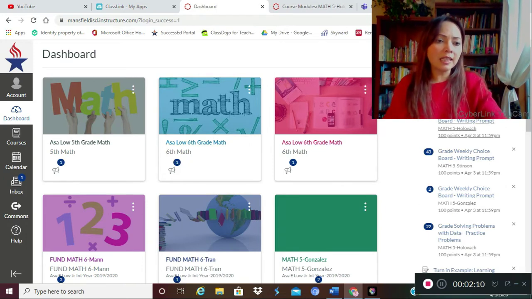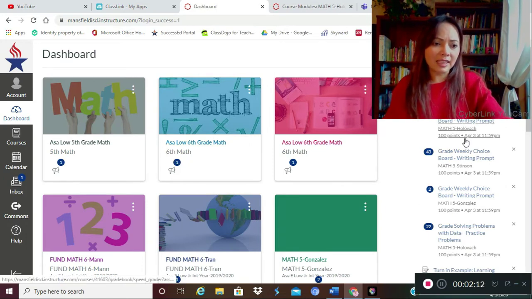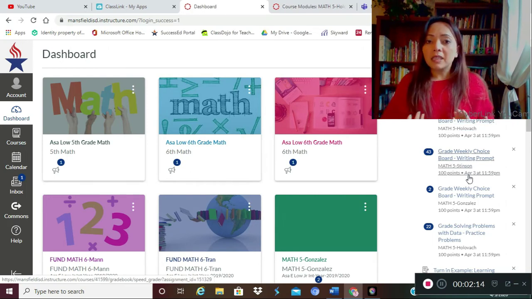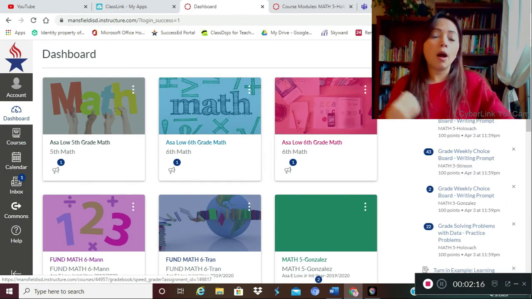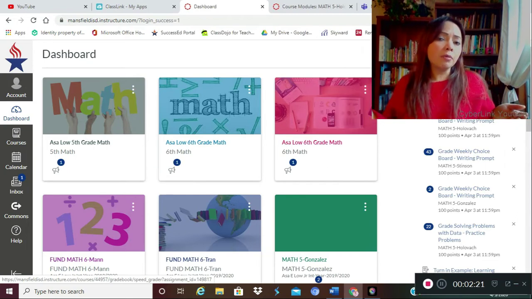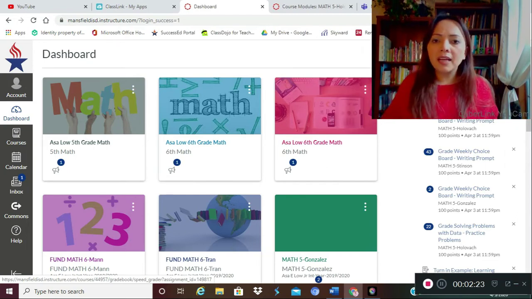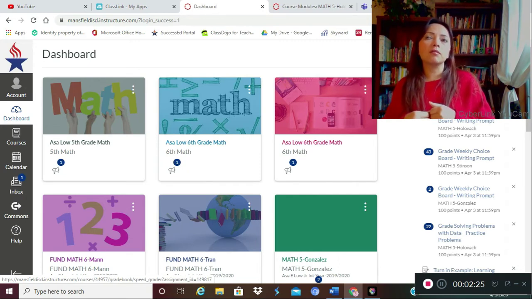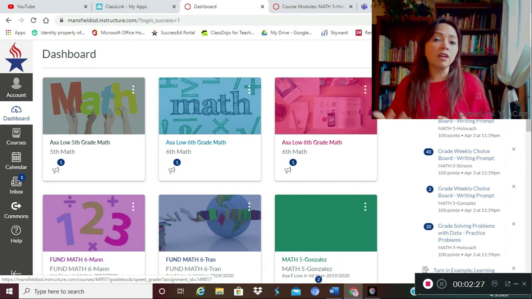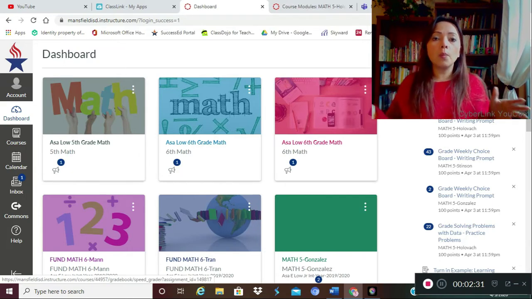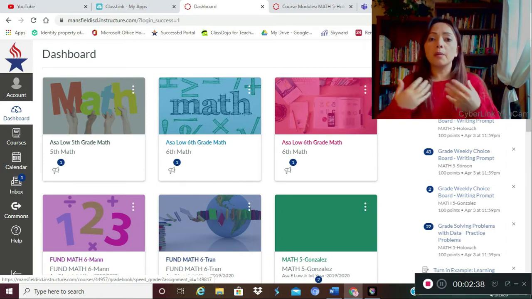Now, what's important is that you look at all these due dates, okay? So what happens is the teachers will say, well, by this day, we want the students to do this. But if for any reason your student doesn't have a computer on that day, if you're sharing a device at home, no worries, the student can go back to it because the teacher has opened up that assignment for a whole week or longer in order to ensure that all of our students have an opportunity to do this work.